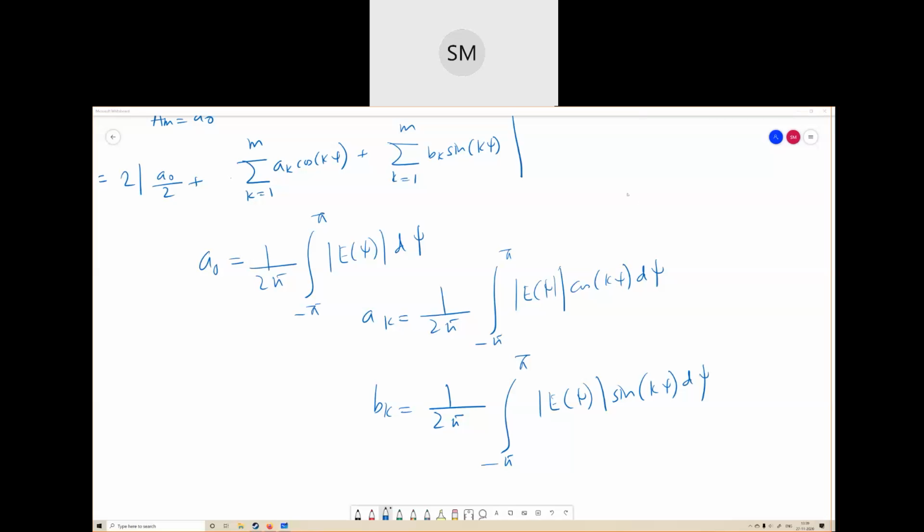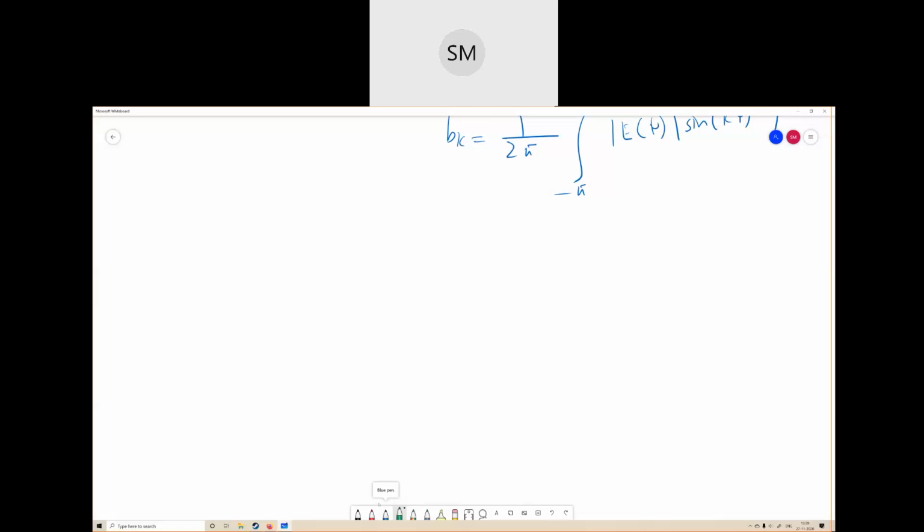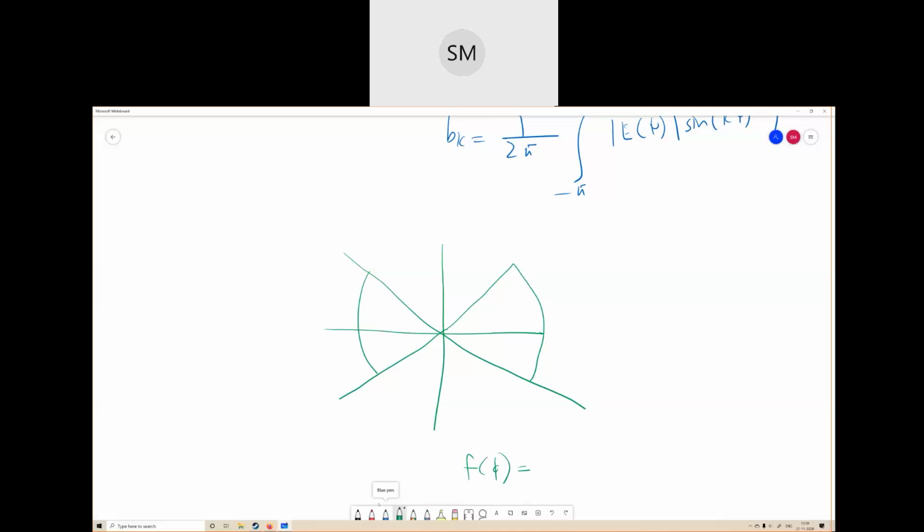Right. Now let us solve an example. Suppose we need to synthesize this array. F of phi equal to 1 for 0 to pi by 3.